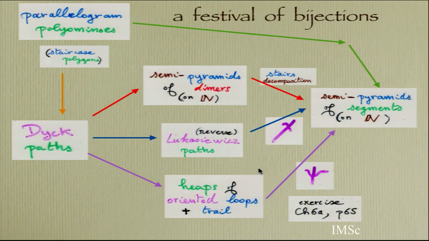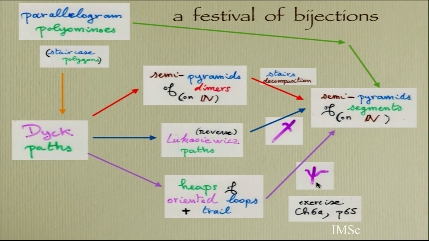So this is a festival of bijections. All this commutes, and you see it. This is the answer to a different exercise in the class, and this is to refresh your memory of last year with the two new bijections of this year, phi and psi, between paths and heaps of something.